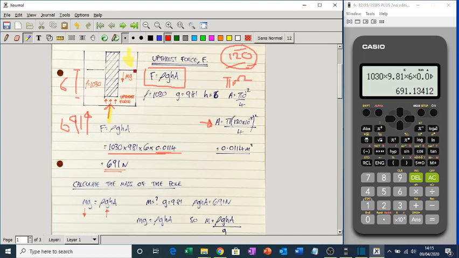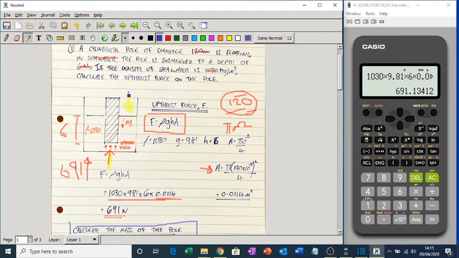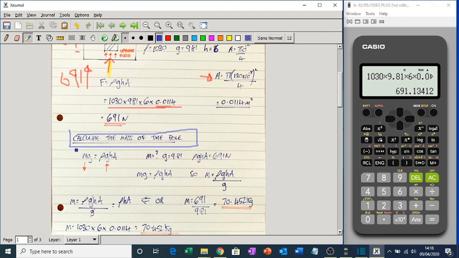While we're here, we want to try and work out the mass of the pole, perhaps, because we know that there's a weight coming down due to this pole, m times g, the mass of the pole and gravity. So that force coming down is going to be balanced out by this force coming up. So we know from that video that mg equals density, gravity, height, and area.